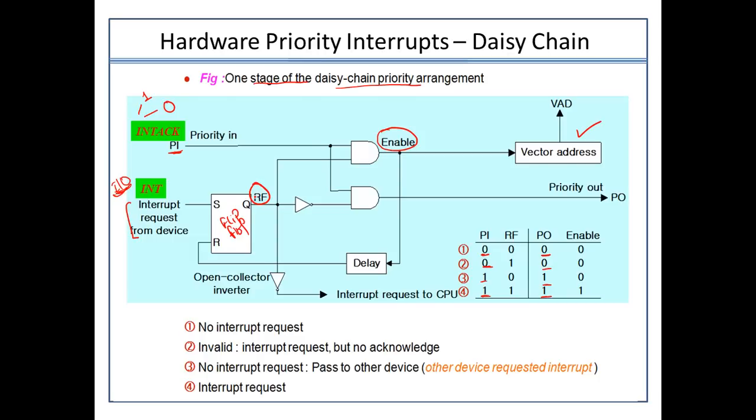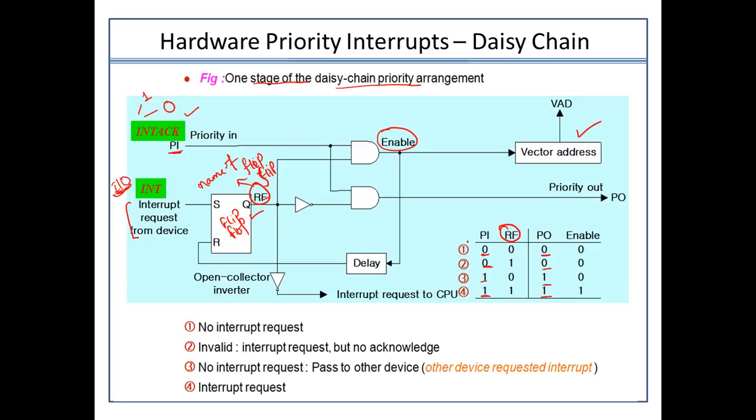Accordingly, this RF is the flip flop. This is just the name of the flip flop; it has nothing to do with anything else, it is just the name provided here. RF is the output of this entire particular value. Now in this diagram we are going to focus on the value of this flip flop as well as the acknowledgement signal.